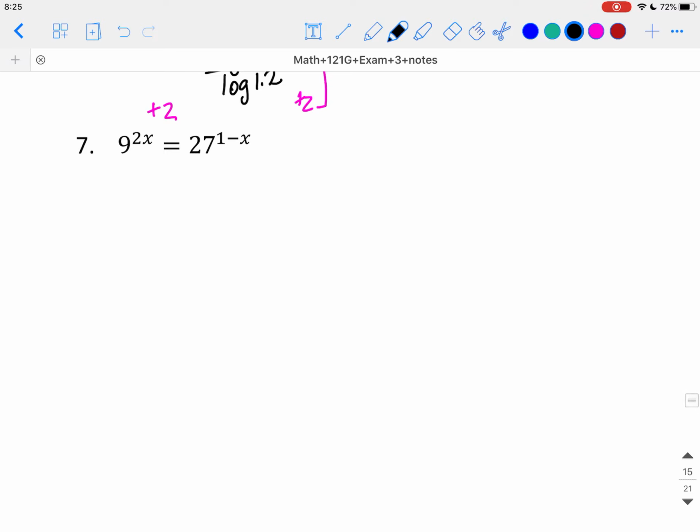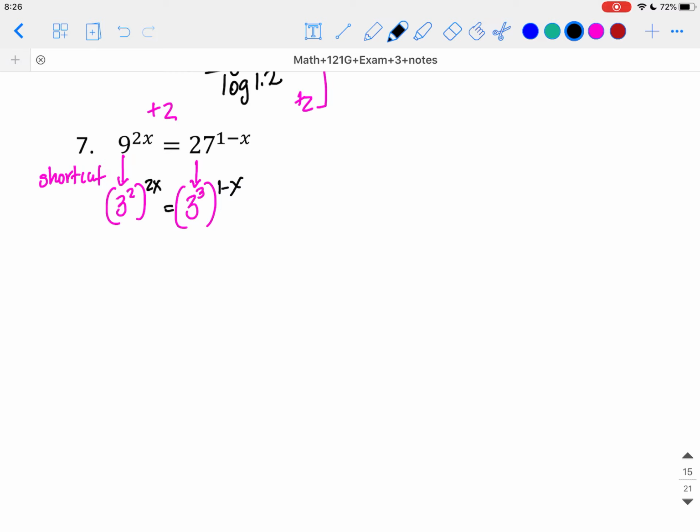Number 7. 9 to the 2x is equal to 27 to the 1 minus x. Okay, so here, a nice little shortcut to see is that the 9, I can rewrite it as 3 squared, and then still to the 2x, is equal to, and the 27, I can rewrite it as 3 cubed to the power of 1 minus x.